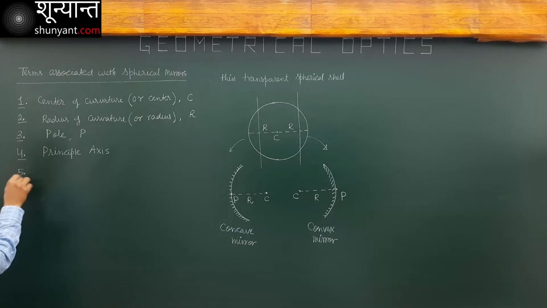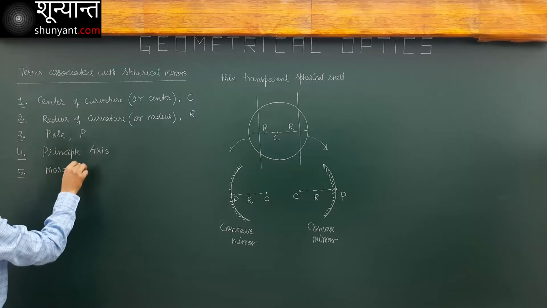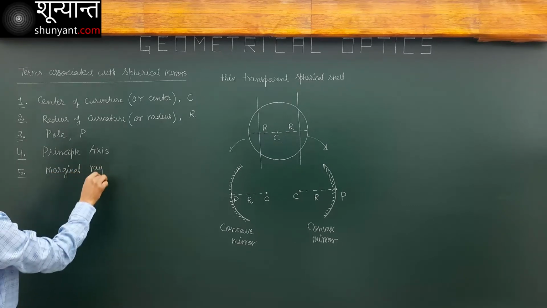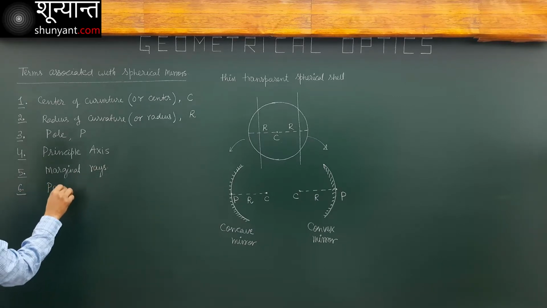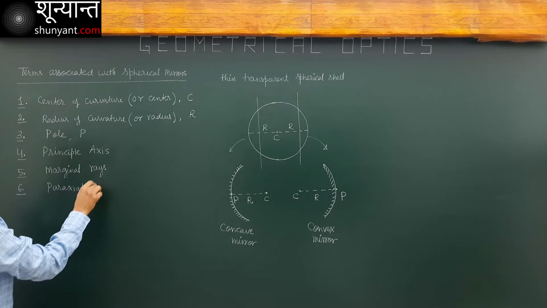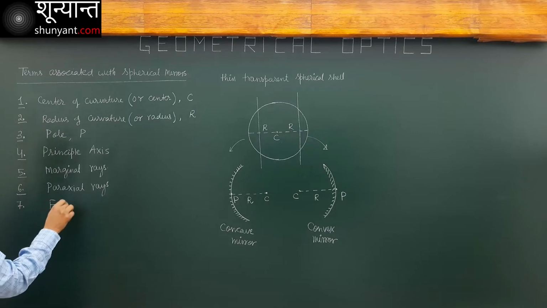Fifth term is marginal rays. Sixth term is paraxial rays. Then seventh term, focus.